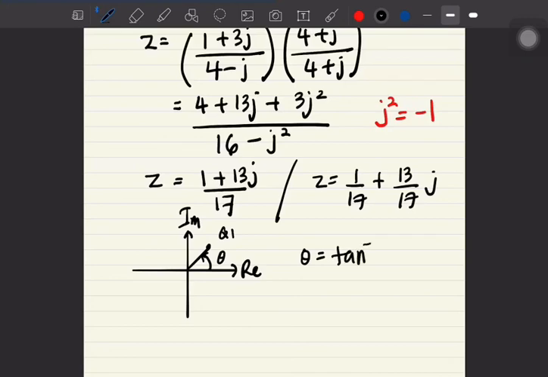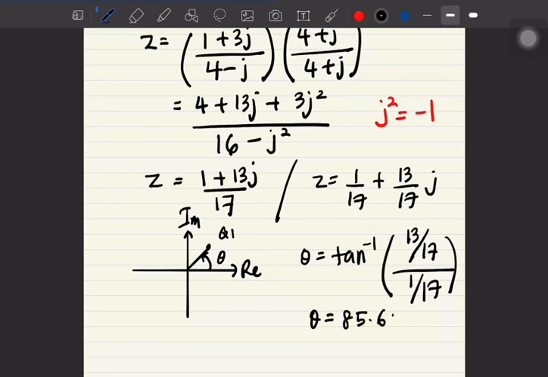By using theta is equal to tangent inverse b over a, what is your b? 13 over 17 divided by 1 over 17. Therefore theta is equal to 85.60. Do you need to do anything? No. This is already your actual angle, because as we discussed earlier, when it lies on the first quadrant, your reference angle is equal to the actual angle. So that's why this is your answer.